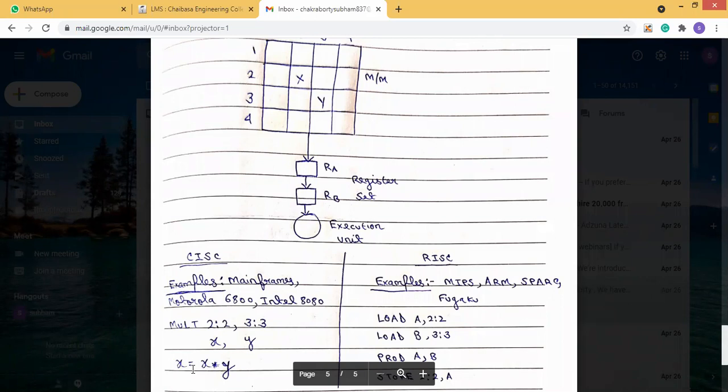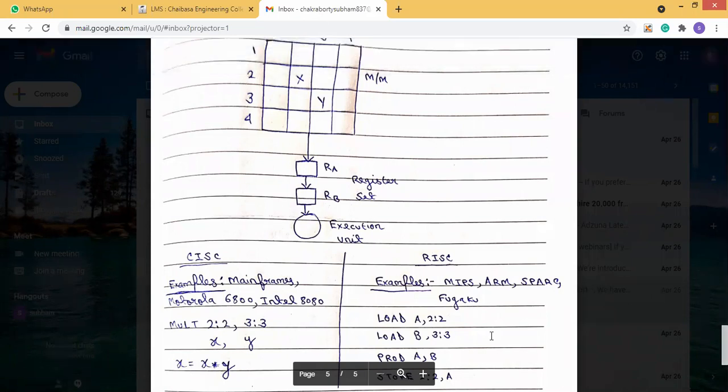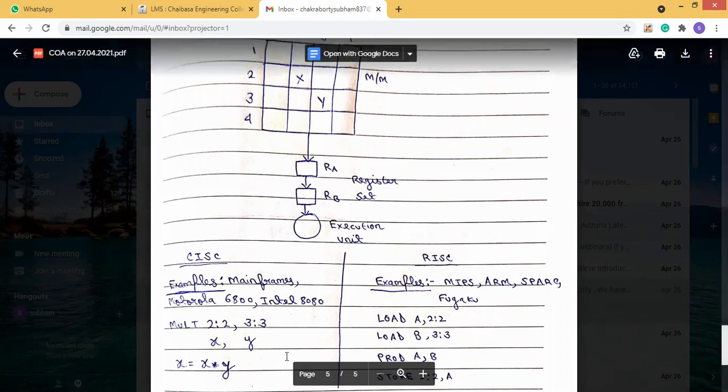But in case of RISC, the instruction format is fixed. RISC is used by MIPS, ARM, SPARC, Fugaku. These are new, ready-made computers that use this type of RISC instruction format, meaning reduced instruction set.